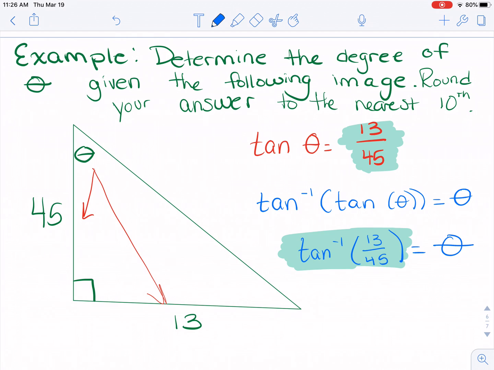On your calculator, you're going to hit the second key, which is at the top left. So you'll hit second, and then you hit the tan key. When you hit second tan, that's going to give you inverse tangent. If you look above the tangent key in blue, for my calculator at least, it says tan to the -1.